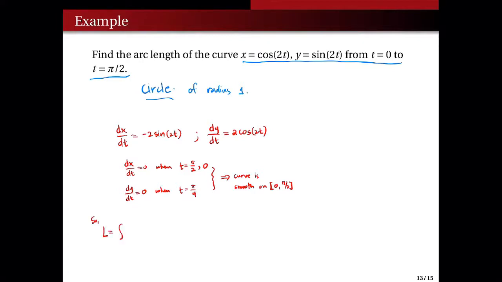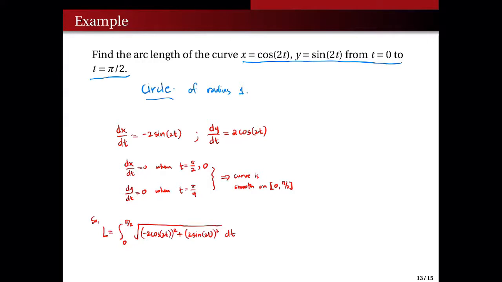This is the integral from 0 to pi over 2. We have the square root. Let me write the square thing in this part. We have minus 2 cosine 2t squared plus 2 sine 2t squared dt.